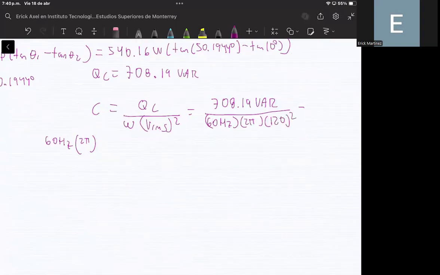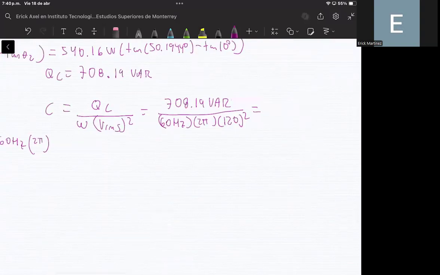We need to square this value, and the result should be equal to 0.13045 millifarads. This is the result that you need to obtain by performing all of the computations.